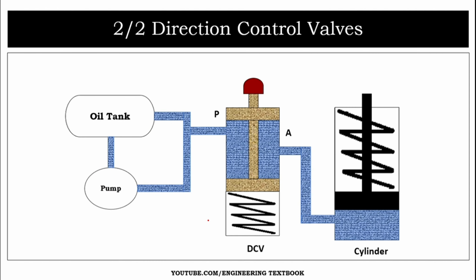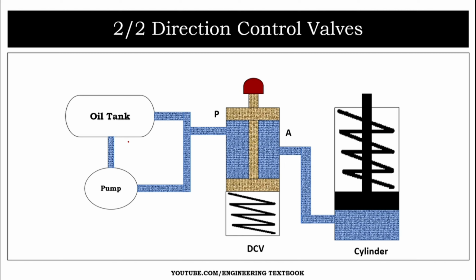Here in the figure, what you are seeing is the oil tank, the pump, the constructional figure of the DCV and the cylinder. So the DCV consists of 2 ports. Port P is the pressure port. Port A is the work port. This is the push button. These are the 2 positions, and the spring.